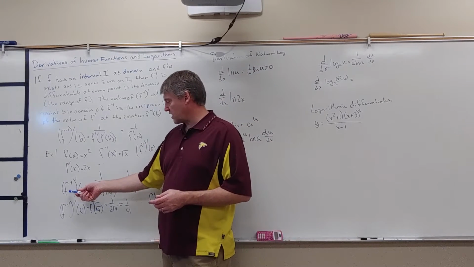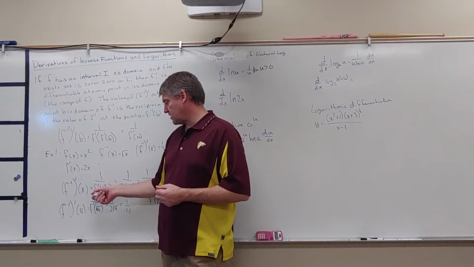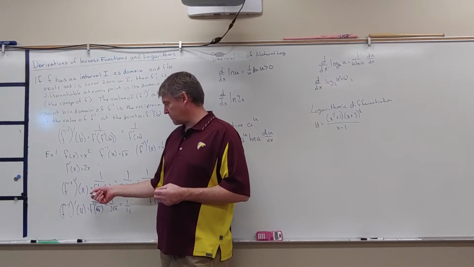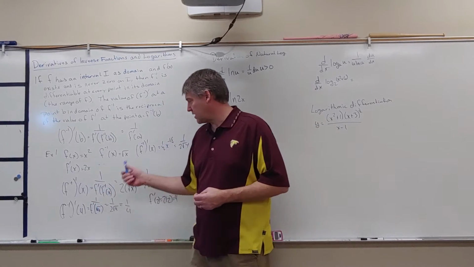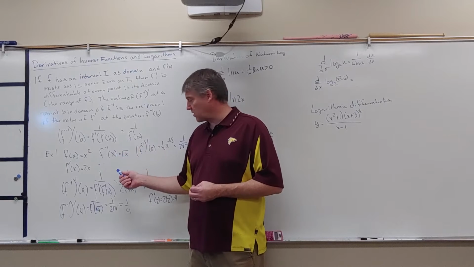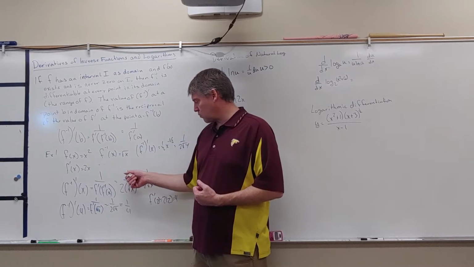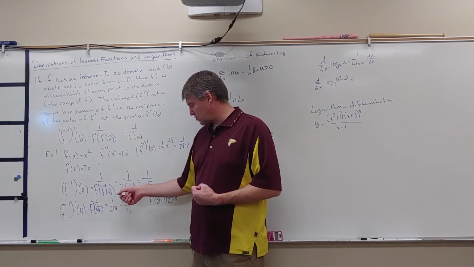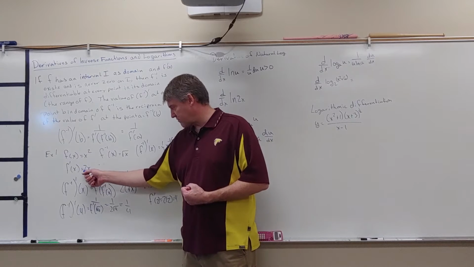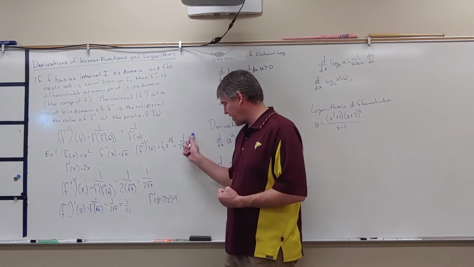So what I can do is find the derivative of the inverse by finding the derivative of my original function. Well, that's 2x, right? And then plugging my inverse function into it. So this is a composition of functions. This becomes 1 over f prime of f inverse, so 2 times, because remember my derivative is 2x, 2 times the square root of x, or 1 over 2 square roots of x.